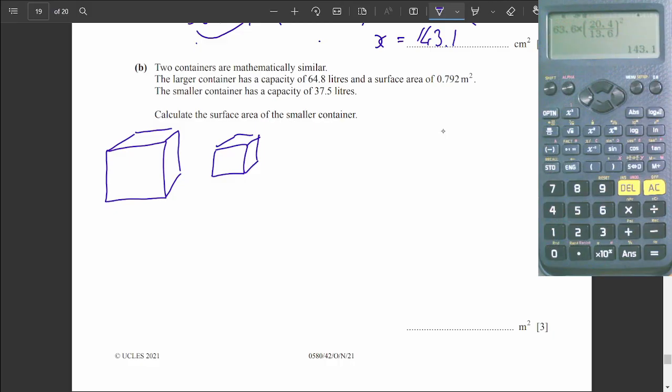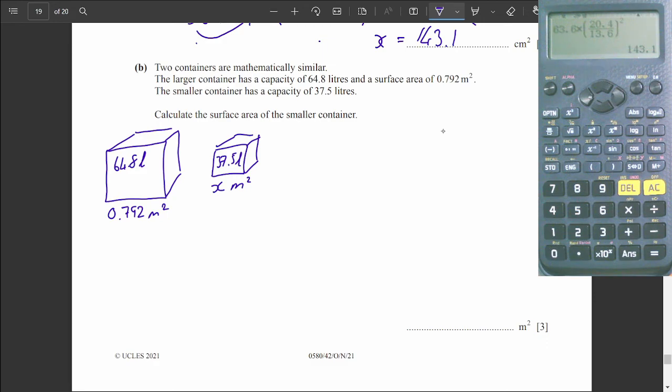Right, the larger container has a capacity of 64.8 liters and a surface area of 0.792 meters squared. The smaller container has a capacity of 37.5 liters. And let's make it X. The surface area is what we want to know.